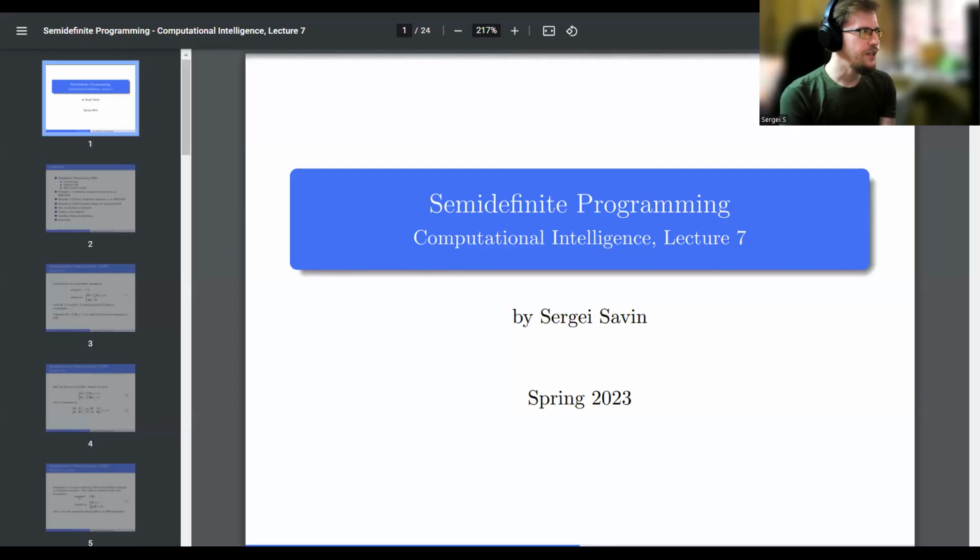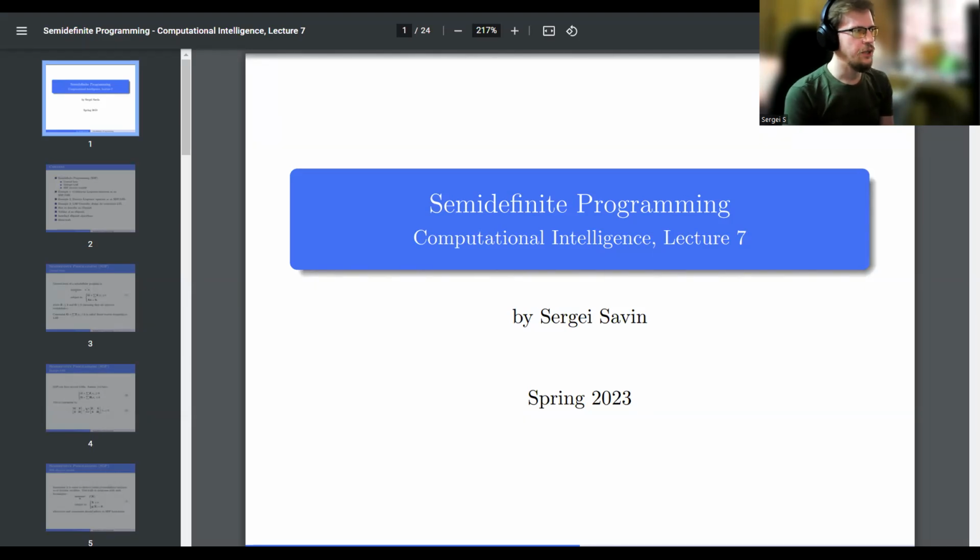So today we're going to study the last big class of convex optimization problems: semi-definite programming. So far you saw this progression where we started with least squares, which wasn't even optimization in the sense that it didn't require solvers.